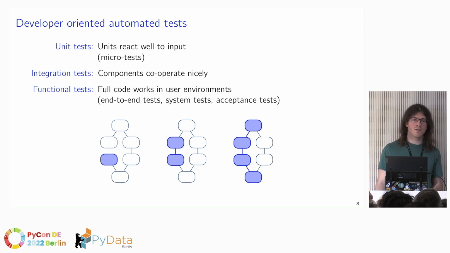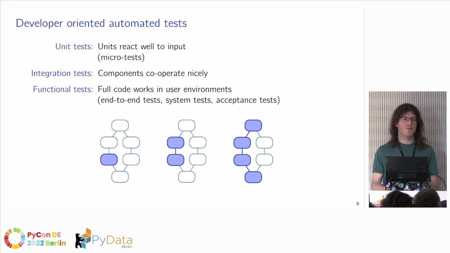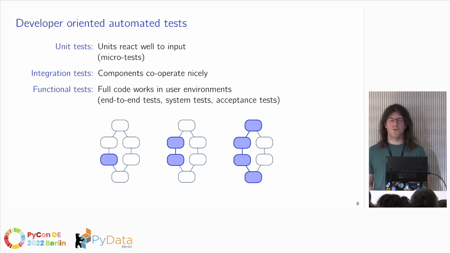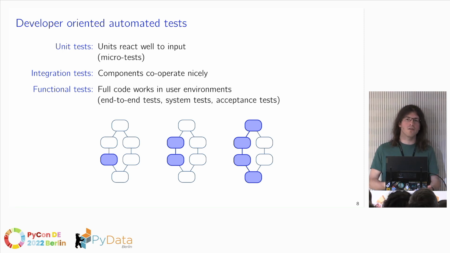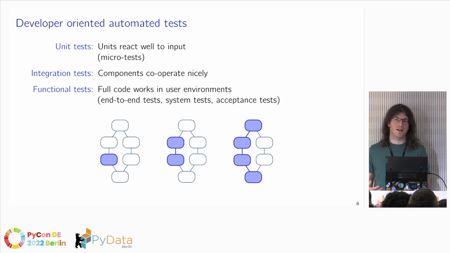Depending on who you ask, those terms might not mean exactly the same, but I'm throwing them into the same bin here, where you test that the full code works more similar to what a user would actually do. If you write a web application, you automate the browser to use your website. Or with a GUI application, you automate this GUI. Or with a command line tool, you run the tool with some arguments and check its output.